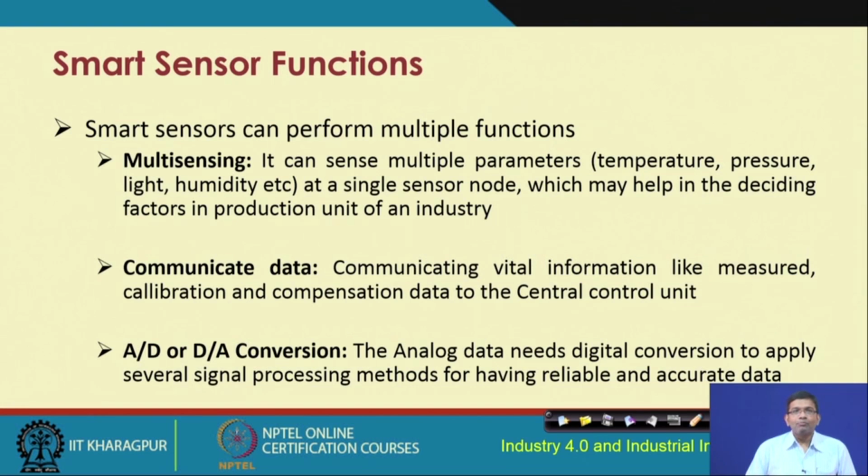And then the other component is the AD or DA converter, analog to digital and digital to analog converter. The analog data needs digital conversion to apply several signal processing methods, because unless you make it digital, signal processing methods cannot be applied. Digital signal processing methods will have to be applied for having reliable and accurate data.